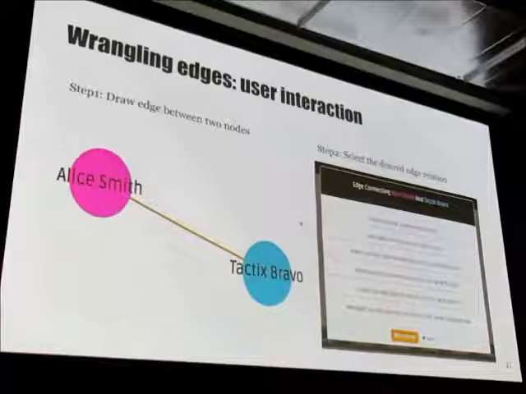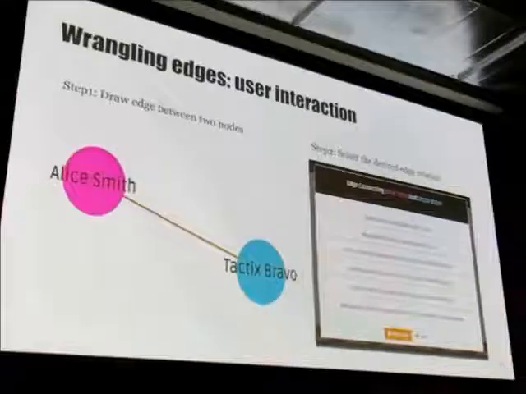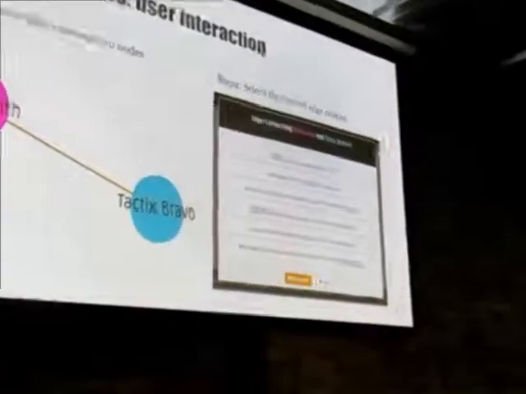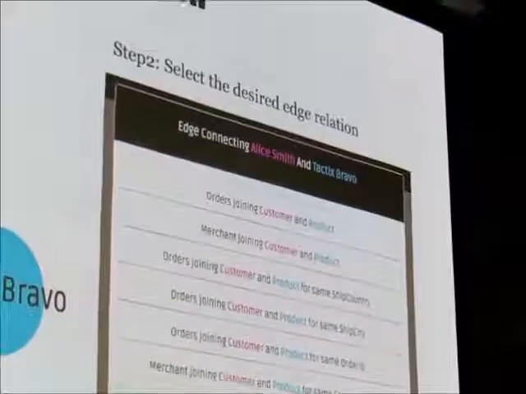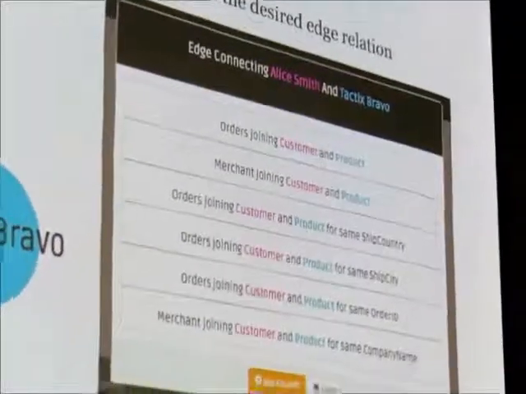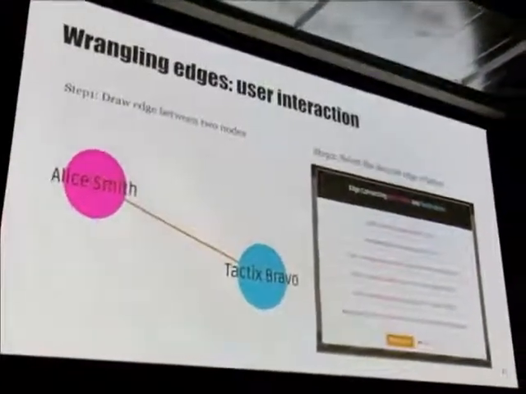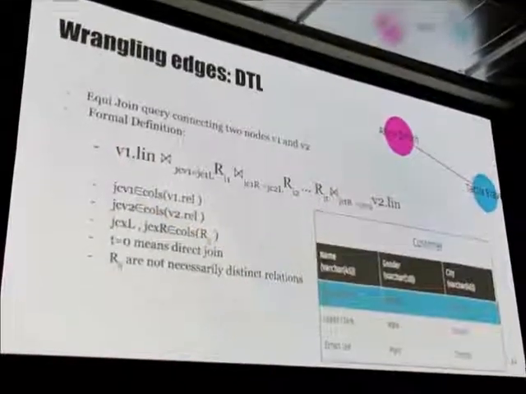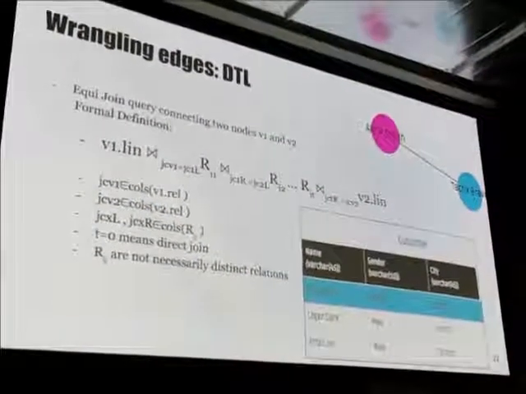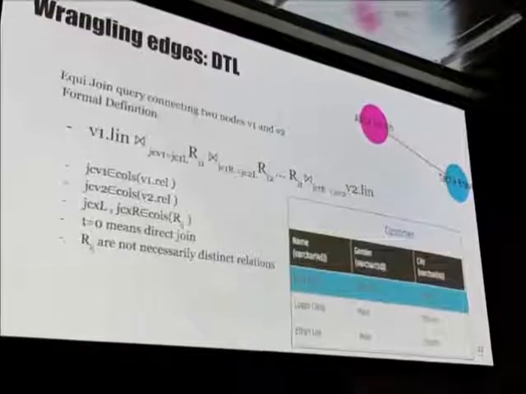Okay. So to wrangle an edge, as I have said before, the user has to define two nodes and then draw an edge between them. What GraphWrangler tries to do is find all kinds of relations that exist between these two nodes and show them to the user to select. The relation between two nodes is some kind of join.